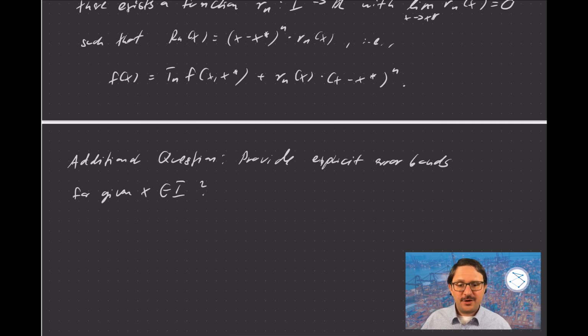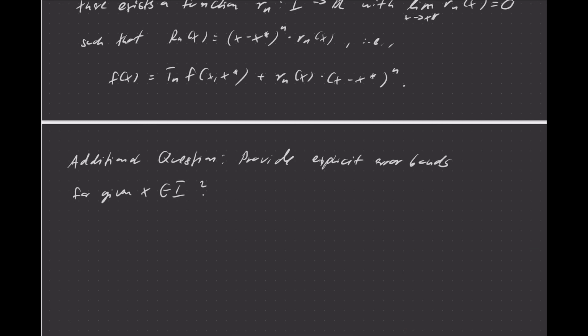What we'd like to know, of course, is how large is the error if I'm that much away from the approximation point, from that x star. Or the other way around, if I want to guarantee that my approximation is within a certain error bound, what is the necessary degree of Taylor polynomial that I need for that? How far do I have to take this?